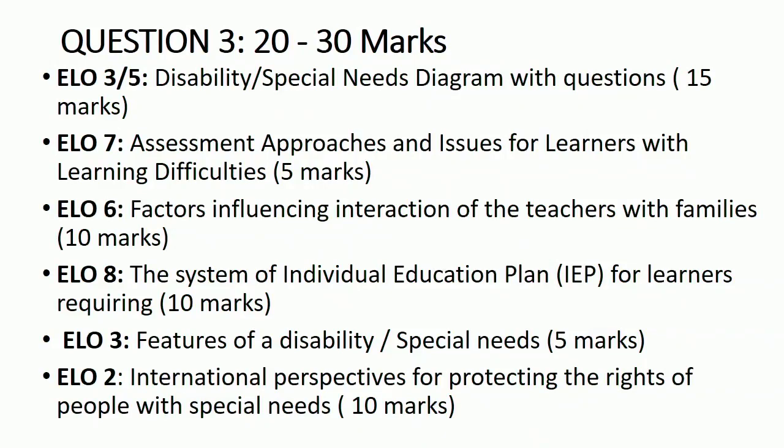And then very importantly here, it's also the stages of the IEP that you need to know. Exit learning outcome 3 again, 3 and 5, I said it's very important. You need to know everything there. So it's on the features of disabilities or the special needs, again 5 marks for that. And exit learning outcome 2 looks at the international perspectives for protecting the rights of learners and people with special needs.